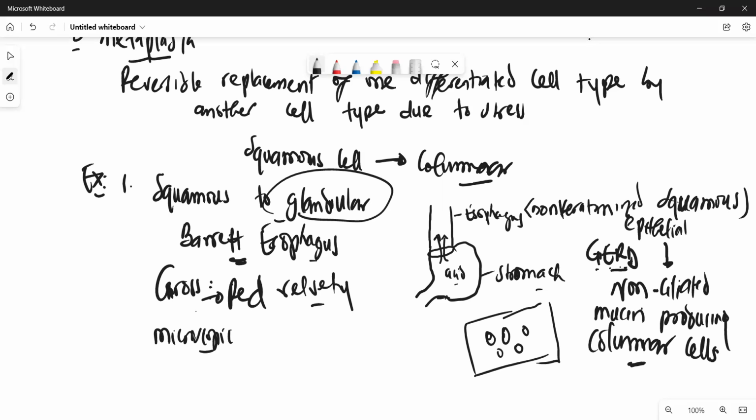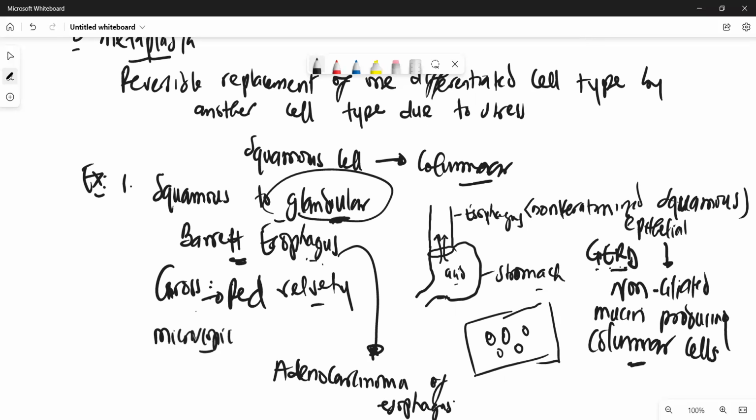And of course, if you don't address Barrett esophagus by preventing the reflux, if the stress continues, it can lead to adeno, because now it's glandular. If cancer of the glandular cells develops, it's going to lead to adenocarcinoma of the esophagus.